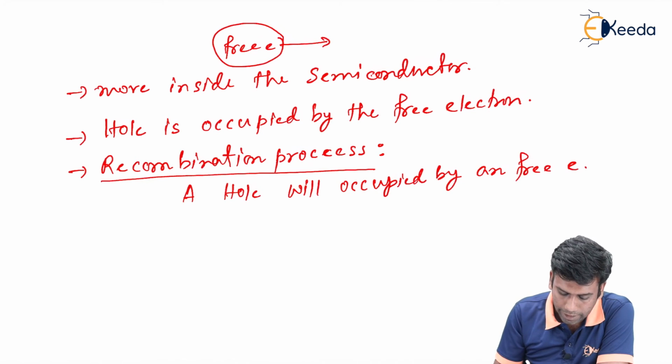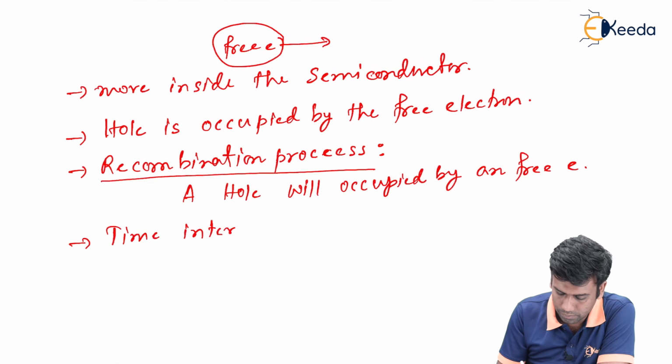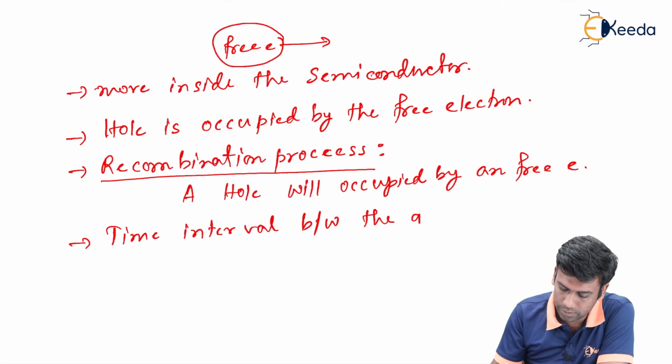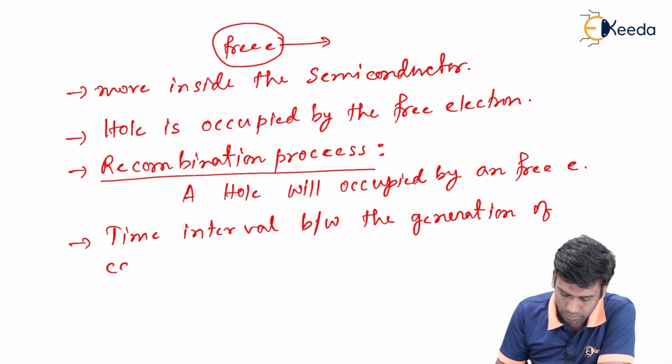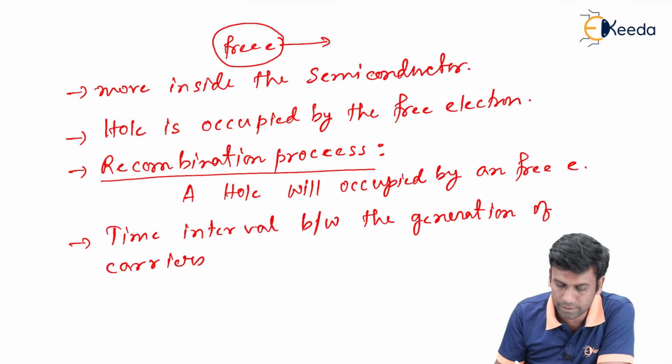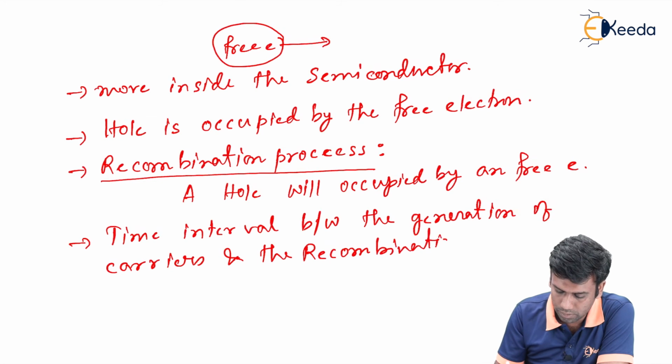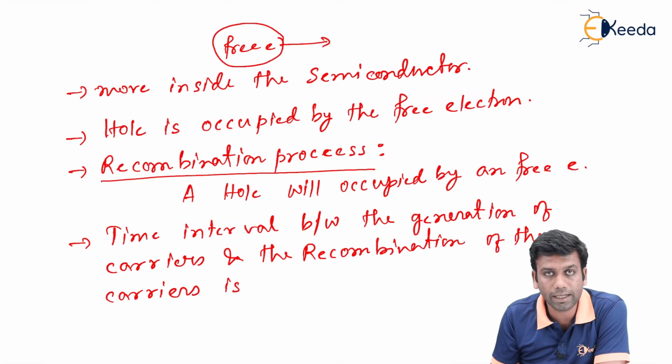Now the time interval between the generation of carriers, that is the generation of electrons and holes, and the recombination of the carriers is called the carrier lifetime.